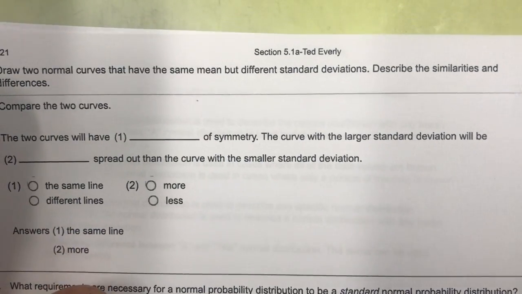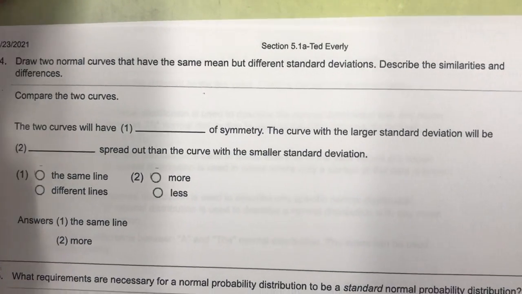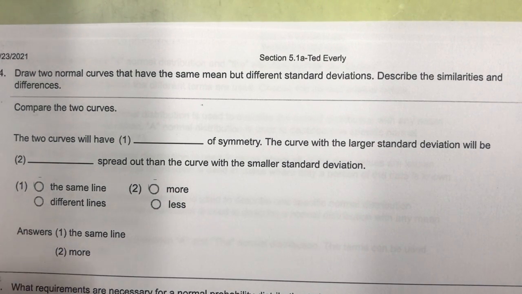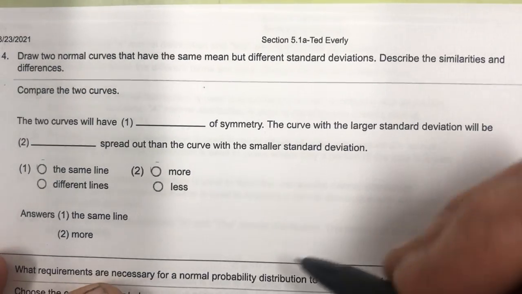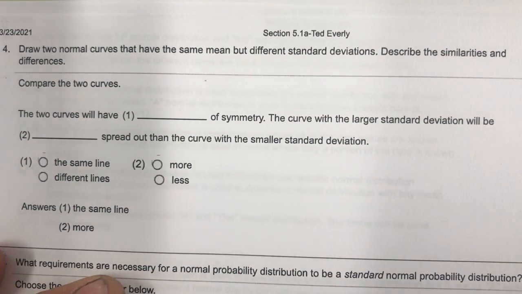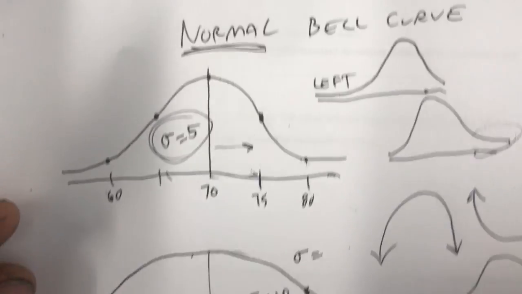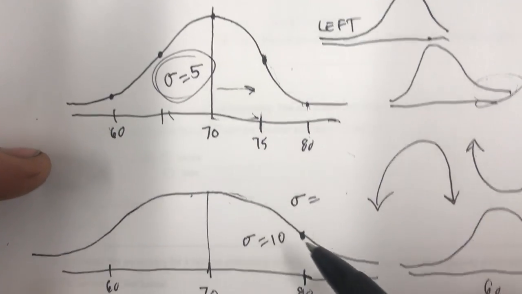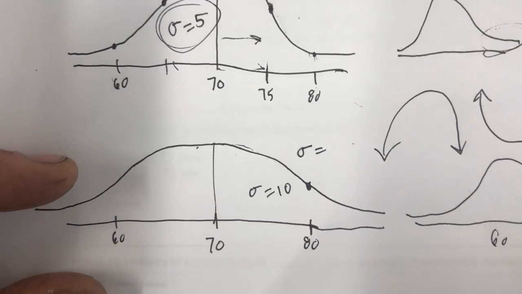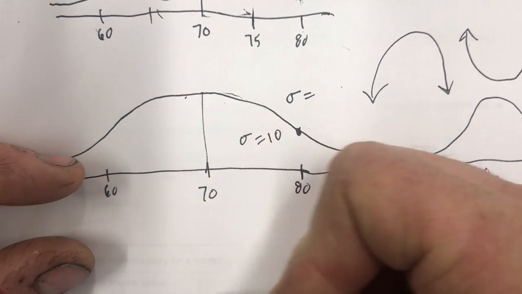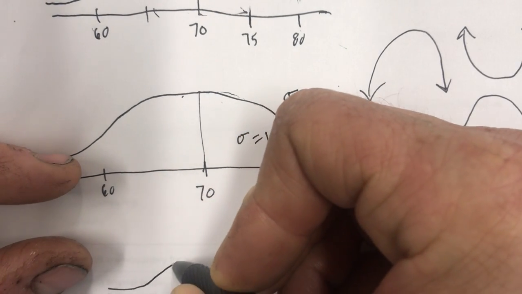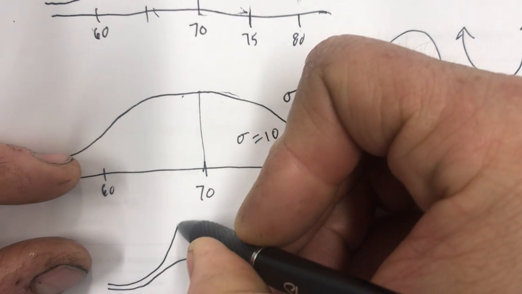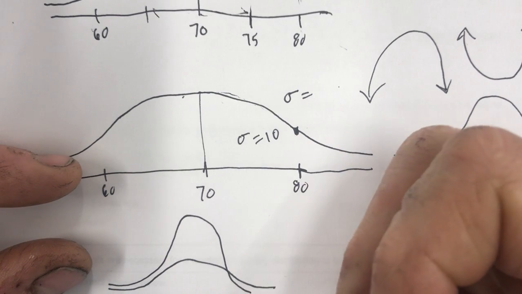All right, number 4. It says draw 2 normal curves that have the same mean but different standard deviations. Describe the similarities and differences. Here's the thing. When we talked about this a second ago, if I draw these on top of each other, this one's going to go like this, whereas the other one is going to do like this.